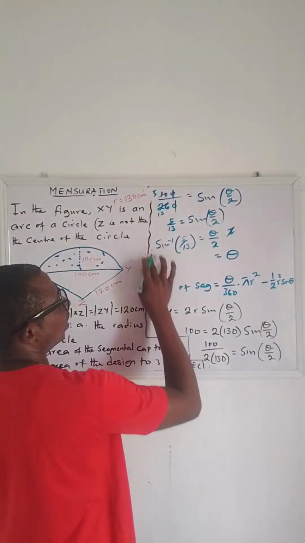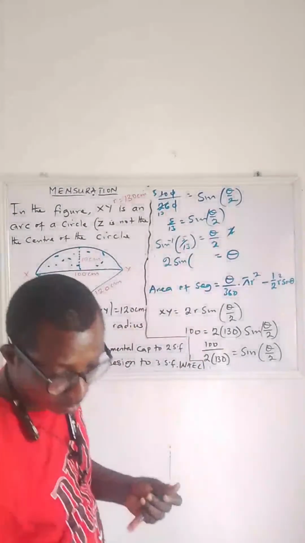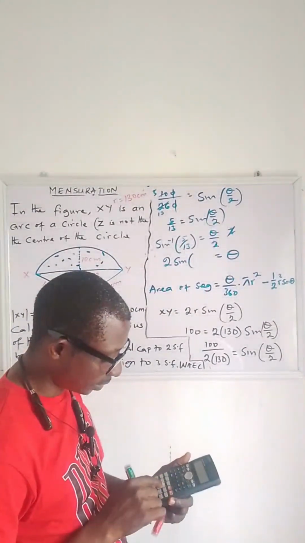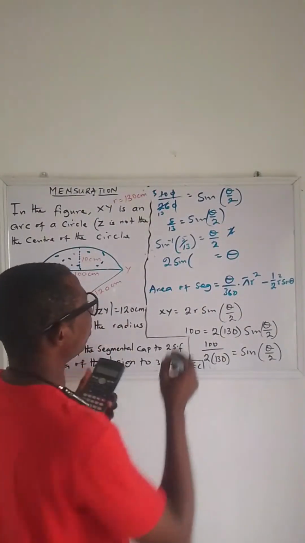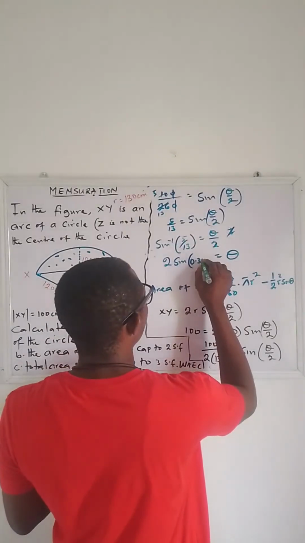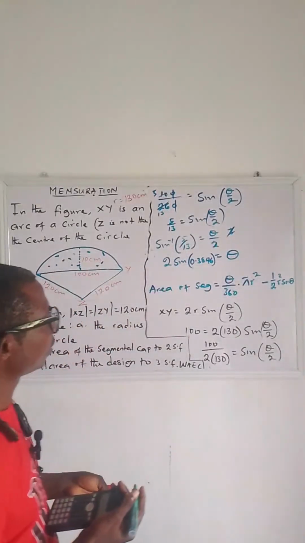So multiply this by 2. We have 2 times arc sine. Now, what is 5 divided by 13? So 5 over 13 is what? Okay, that's 0.3846. So that's what you have for that.